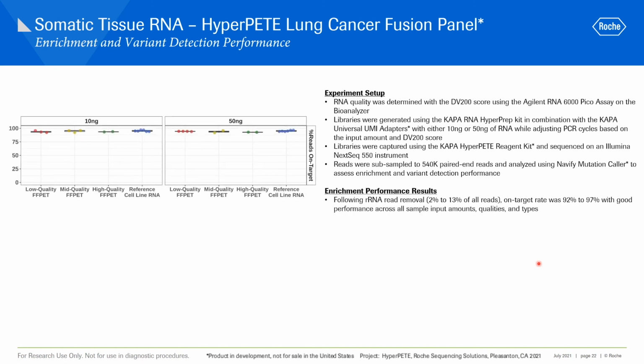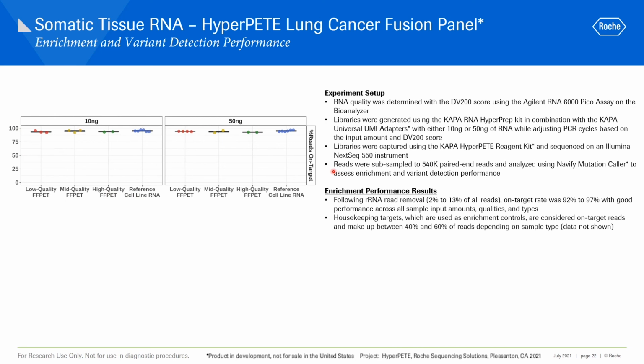So enrichment performance results. Following rRNA read removal, which makes up around 2% to 13% of all reads in these samples, on-target rate was 92% to 97% with good performance across all sample input amounts, qualities, and types. So that's what you're seeing here. So low quality, mid quality, high quality, as well as the reference cell line RNA all performed very similarly regardless of input amount.